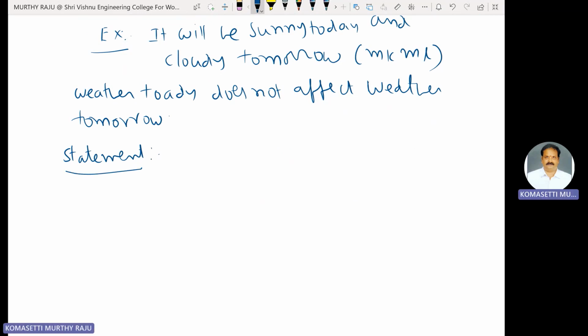When two independent messages are received, the total information content is the sum of the information conveyed by each of the two messages. This is the statement.